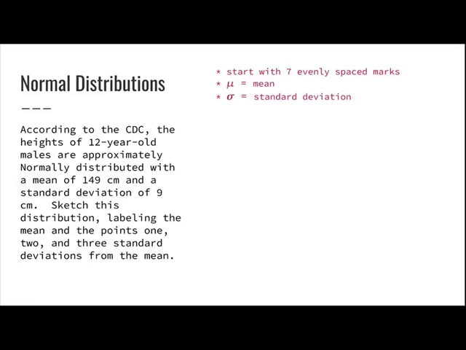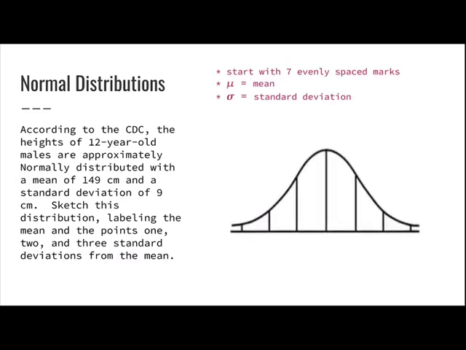So we're going to start with our 7 evenly spaced marks. Remember, the mu is considered our population mean, and the sigma is our standard deviation. So here we go. We're starting with our normal curve, where it has its 7 evenly spaced marks. Oh no, it's not showing up. All right, so we have our 149 being our mean.